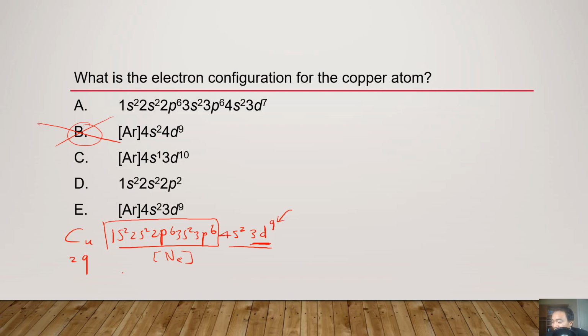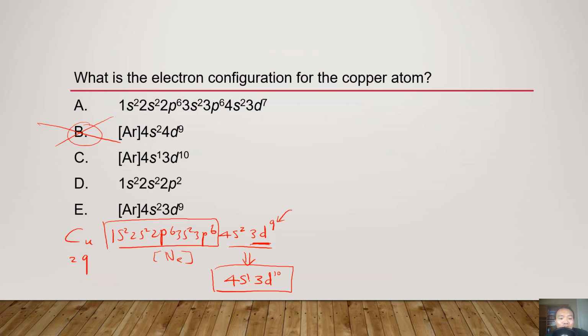If you change this to 4s1 and 3d10, this structure has lower energy, because now rather than 9 electrons in d, you have 10, which is fully filled.